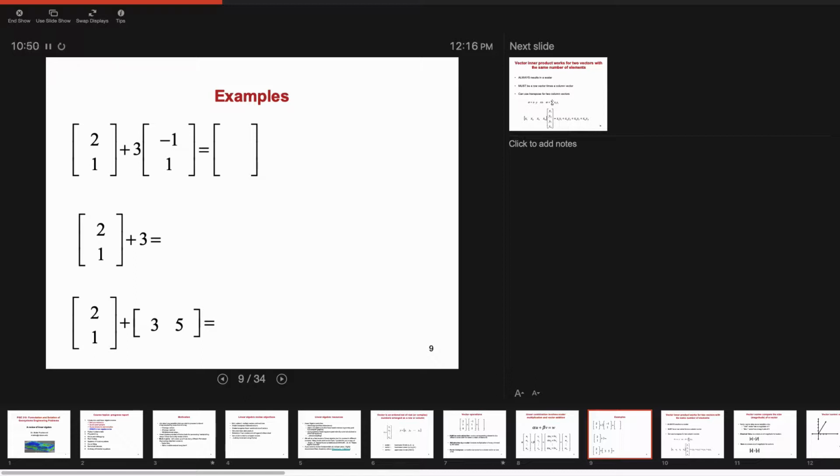Formally, I can't do that. I have two different objects. Based on the rules I gave you, the answer is no. There are rules, and then there is implementation of the rules. Programming environments, in order to make it easy on us, typically program this addition as possible.